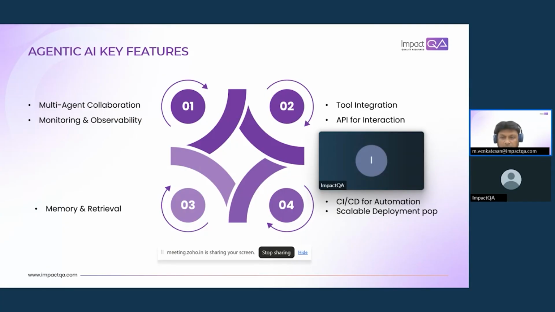Previously, to integrate all these tools we needed to define multiple steps, but with agentic AI the entire process is easier to enable and you can derive the achievable outputs. So we can do scalable deployment easily.